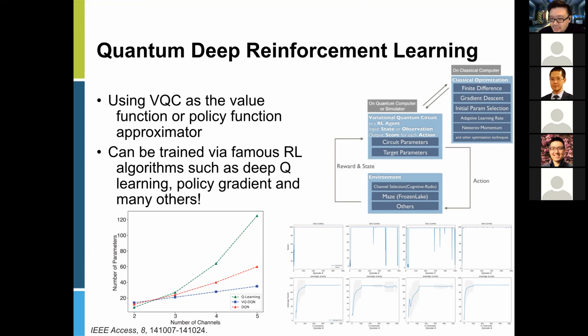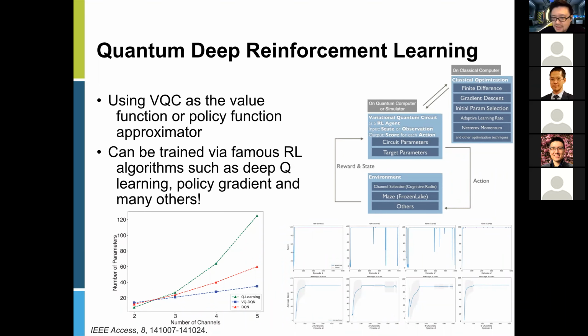So the idea is that we use classically proven machine learning or reinforcement algorithms, such as deep learning, the policy gradient, and many others, to train a quantum model interacting with the classical environment. And it is shown that the quantum model can achieve very good results in certain testing cases.